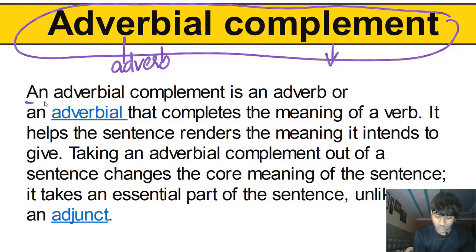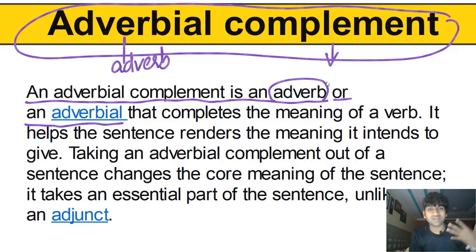Definition. An adverbial complement is an adverb. Obviously, it has to be an adverb or something that functions like an adverb, an adverbial. When I say adverb, I'm referring to a regular adverb, a word that always functions as an adverb.